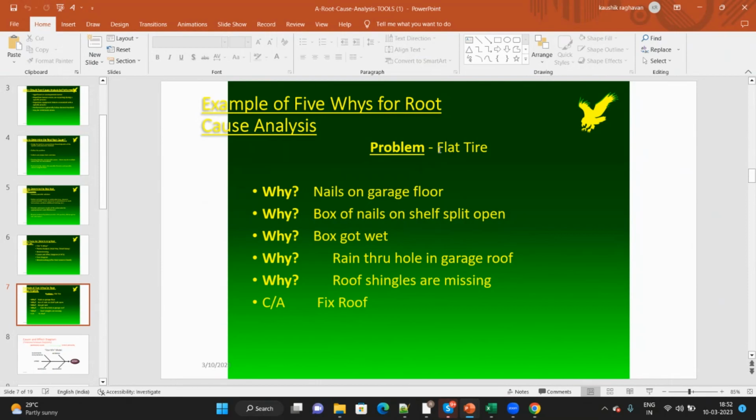So now once you learn 5Y analysis, see, this is not very easy to understand. Okay? So we are going to see how we can represent it more easily.